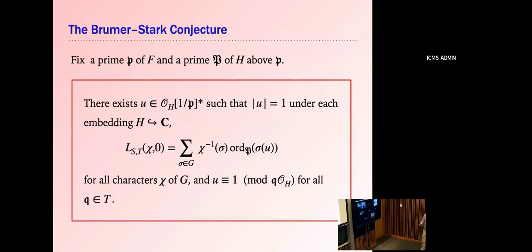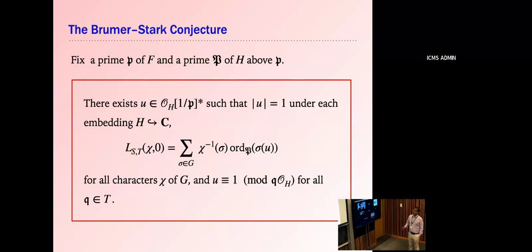So it's not actually a unit, but it has valuation supported at the primes above P. It has valuation 0 at all places that aren't above P, and it might have non-zero valuation at the places above P. To compensate for that, it has absolute value 1 at all the Archimedean places, at all the complex embeddings of H.